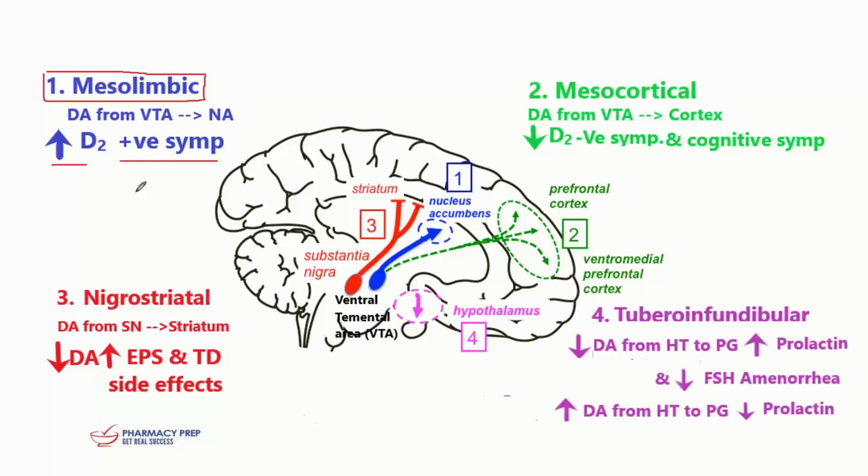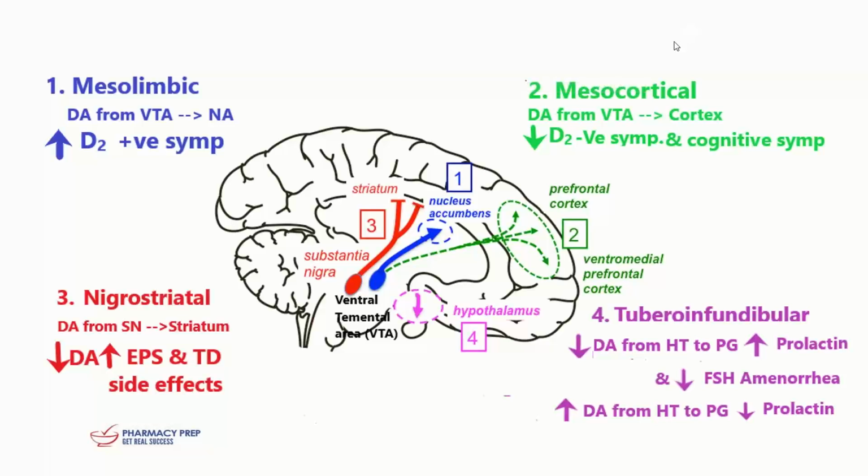Hallucinations could be visual, seeing something that's not real, or auditory, where one can hear voices, or delusions, or excessive paranoia, and several other symptoms associated with the positive symptoms. So the high yield point here is that in the mesolimbic pathway, increased dopamine activity leads to the positive symptoms of psychosis.